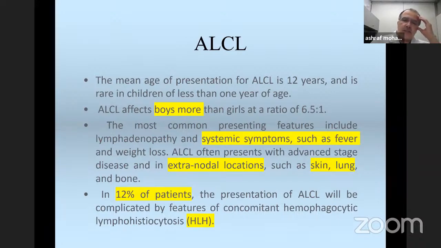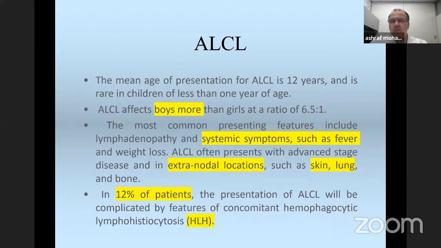But what else presented here to point to ALCL, anaplastic large cell lymphoma? This is a boy, if I remember correctly, and it is more common in boys than girls. There are systemic symptoms, especially fever. There is extranodal location, and it's well known in anaplastic large cell lymphoma that extranodal involvement, especially in the lung and the skin, is about 15%.